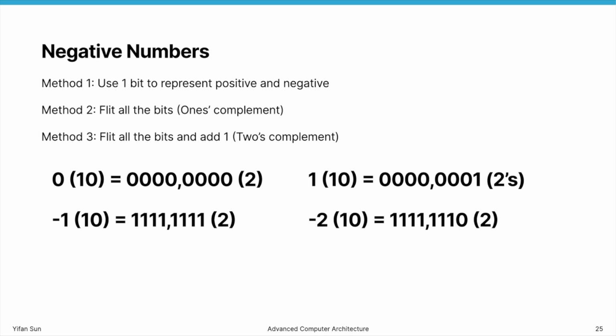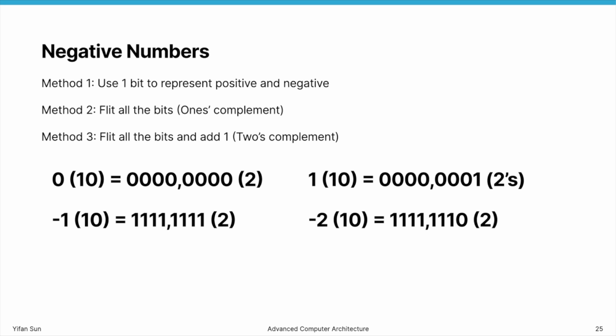Then we remove the imaginary 1 in front of it, we get all 1s there. The logic still holds. Just one set of logic, one set of circuits, is guaranteed to work for both positive numbers and negative numbers. Okay, that's how 2's complement works.